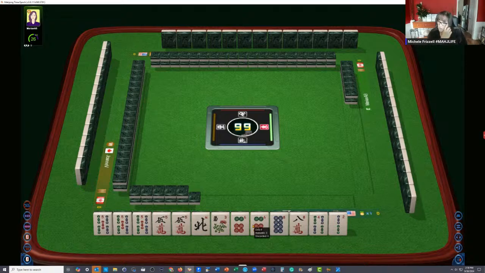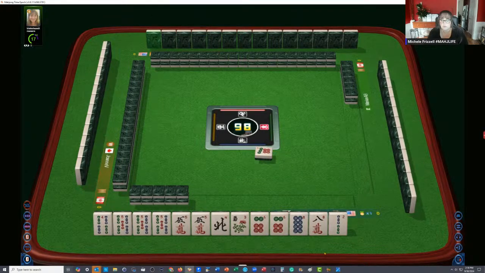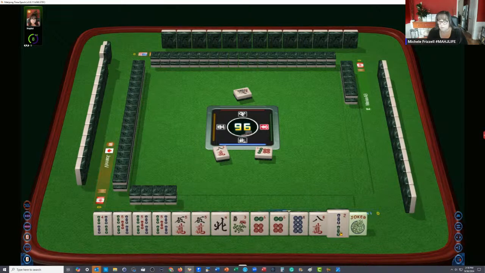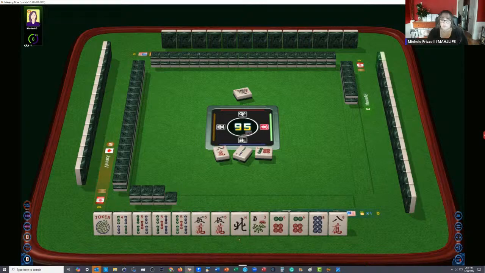So let's just go ahead and play it out this way for a while, and unless we fill a gap. I would keep this 4 bam for a while, because we could maybe do 4, 5 bamboo, 4, 5 crack, 6 dot pair. Okay, so there's a joker. That would be a keeper for sure.